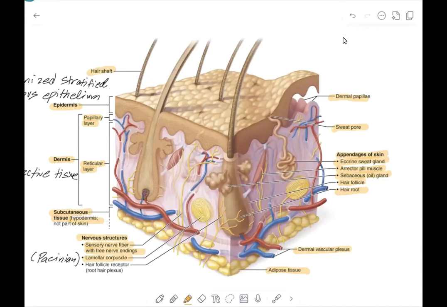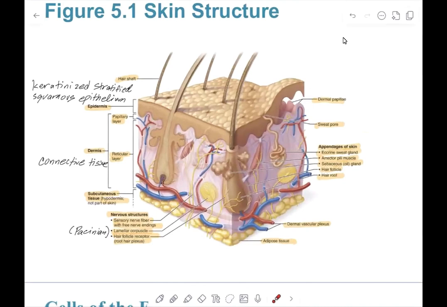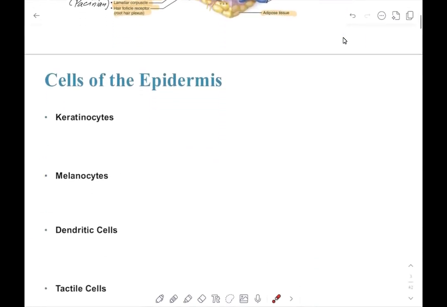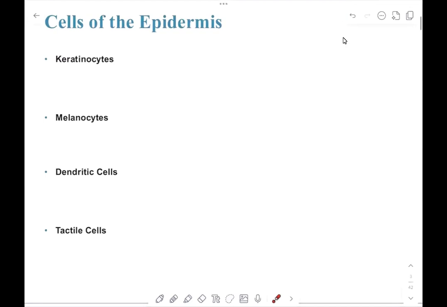And then last, we have the hair follicle receptor, which essentially is a group of nerves that are tangled around the hair follicle itself, so that when somebody pulls on your hair, it's going to be activated. And that information will be conveyed to the nervous system.